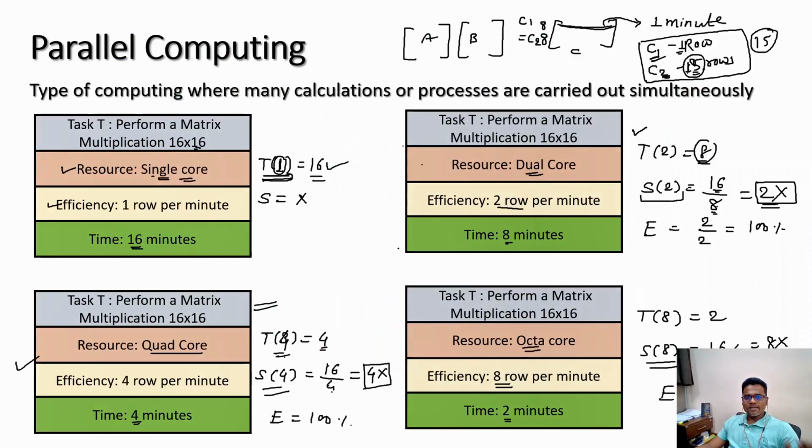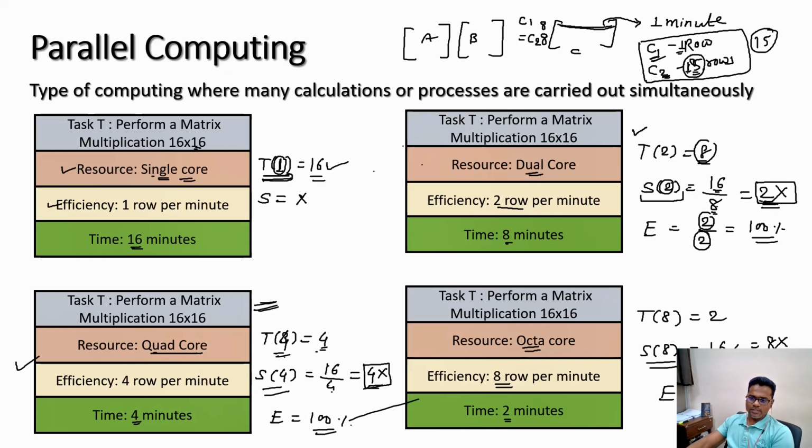Now let's go back and calculate efficiency in this case again. Here we got a speedup of 2 times, using 2 computing resources. So efficiency becomes speedup over 2, the number of cores, which is 100%. That means all my computing resources are utilized effectively. In this case, my speedup is 4, and the total number of cores is also 4, so efficiency here is also 100%.